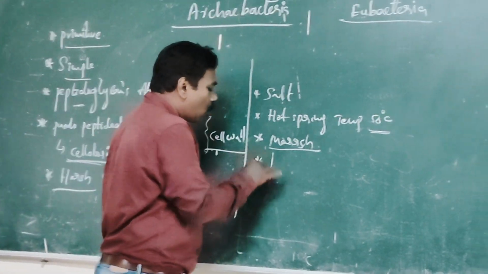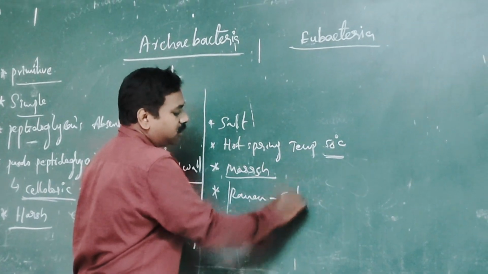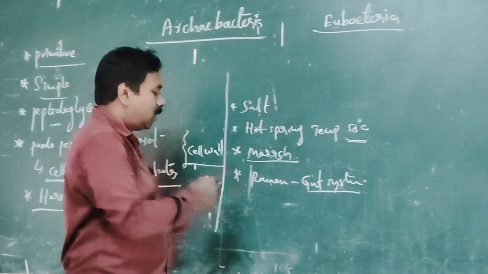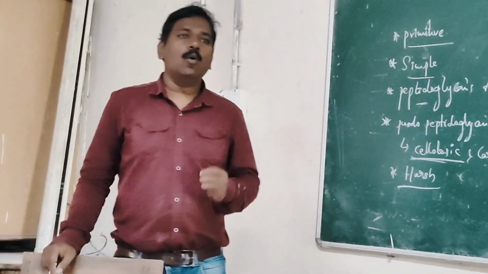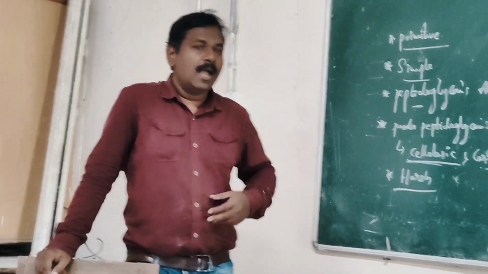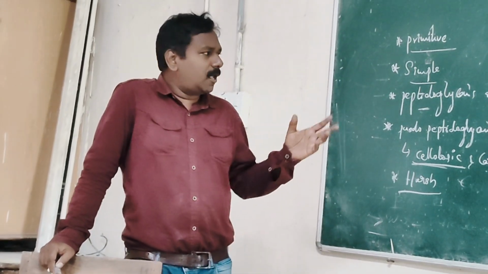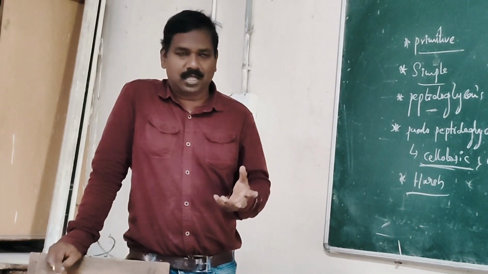In the animal rumen gut system, this type of archaebacteria can survive. In the intestine of some cows and buffalo, methanogenic archaebacteria are present. In acidic conditions, it is acidophilic bacteria.